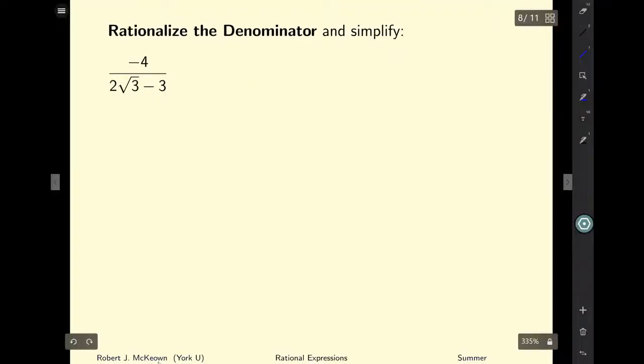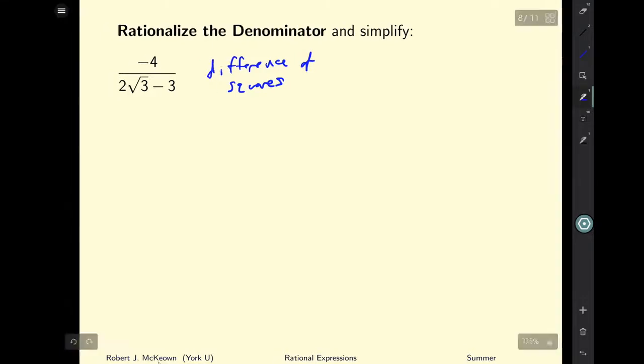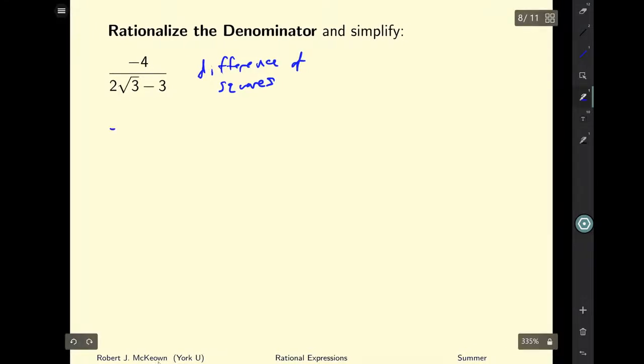I'm going to use the difference of squares. And notice I've got a minus here, which means that if I multiply, I'll explain the numerator in a moment.